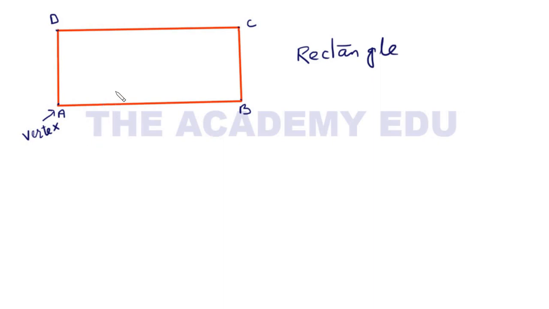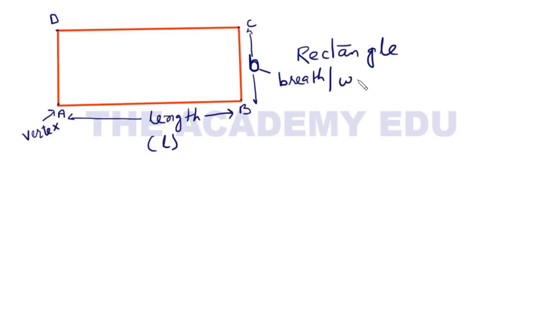In the rectangle, you will see this AB is called length. And we will represent it by small l, every time small l. And then B to C is called breadth. So we give a symbol small b for it. Breadth is also called width, same thing.